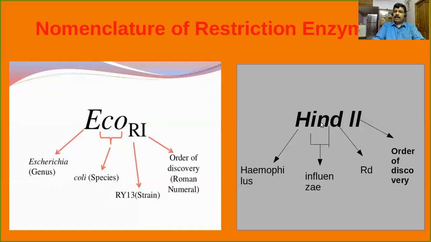The second and third letters came from the first and the second letter of the species name. And the fourth letter came from the name of the strain. The strain is called Rd. And here the two means the order of discovery. I hope you have understood the nomenclature or naming of restriction enzymes.